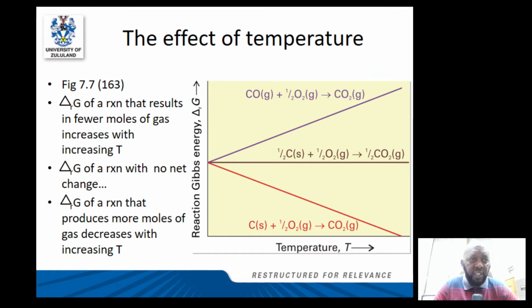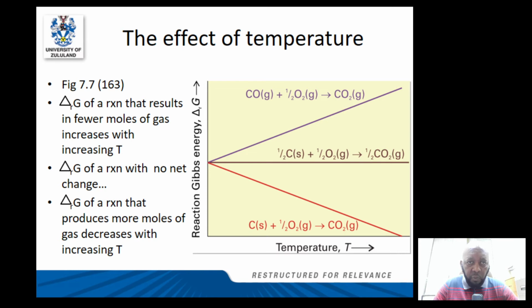Okay, for the first scenario, when we look at our graph, we are looking at the bluish graph. As we can see, that graph is increasing with increasing temperature of our system. For that reaction, we have 1 mole of carbon monoxide plus 1/2 oxygen, which will give us 1 carbon dioxide.